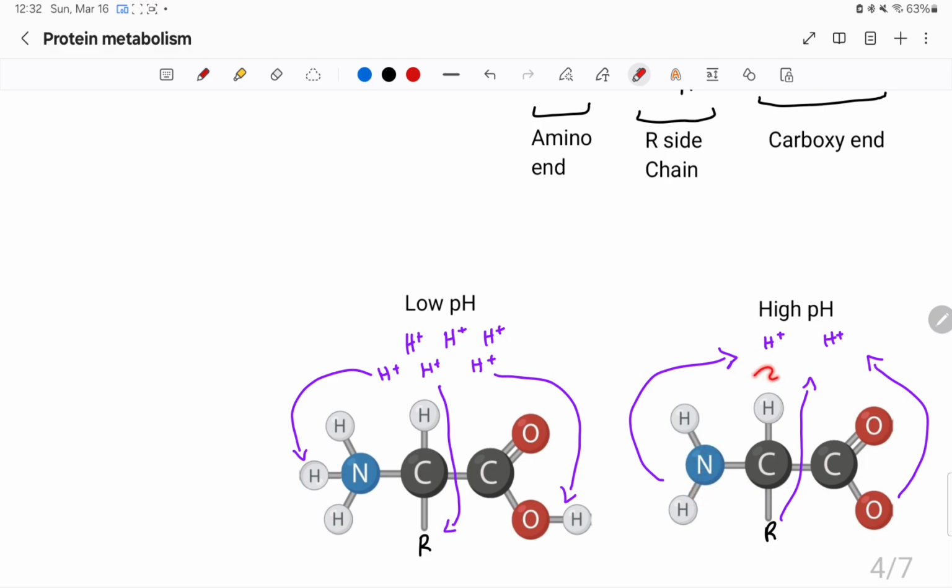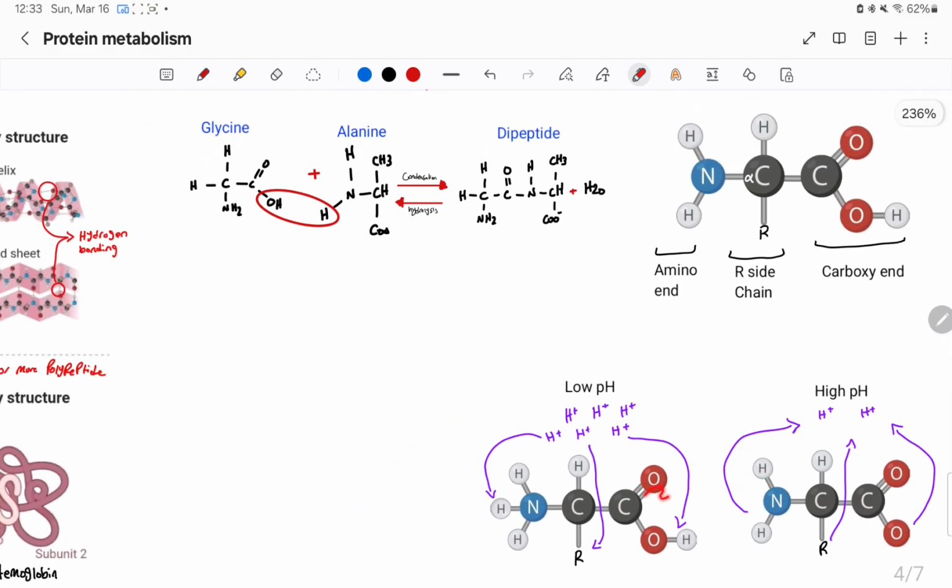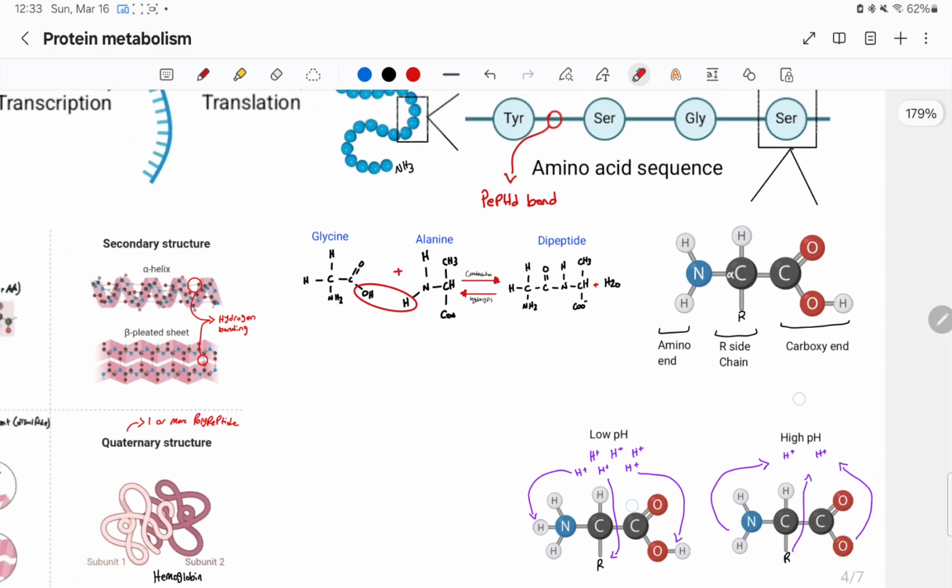It will actually start donating protons. Okay? So right here, this amino group, it'll donate the hydrogen that it had here. This guy, it'll donate the hydrogen that it had here. Okay? And the R group, it'll donate the hydrogen that it may or may not have had to this environment. Okay? So you can see how this amino acid can change to act like a buffer or not, depending on the pH that it is in, okay?